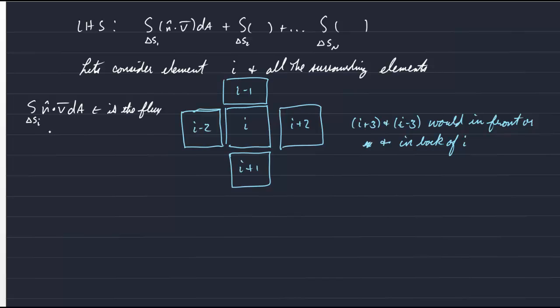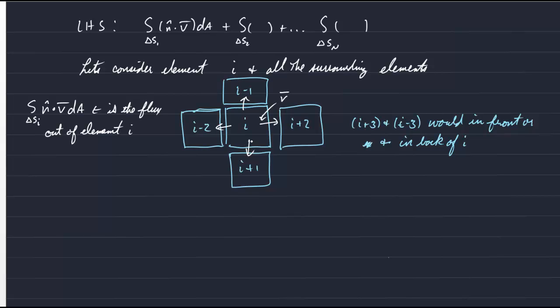It's the flux out of element I. So if the V field were radiating outward away from I, then it would go like this. If these are vectors of V, then again, this would represent the flux out of element I.